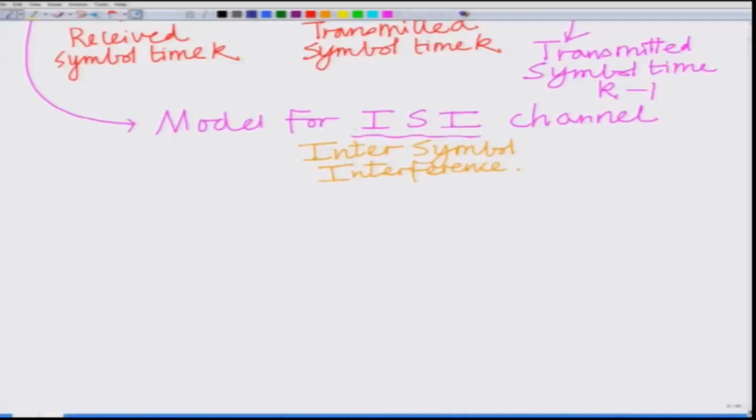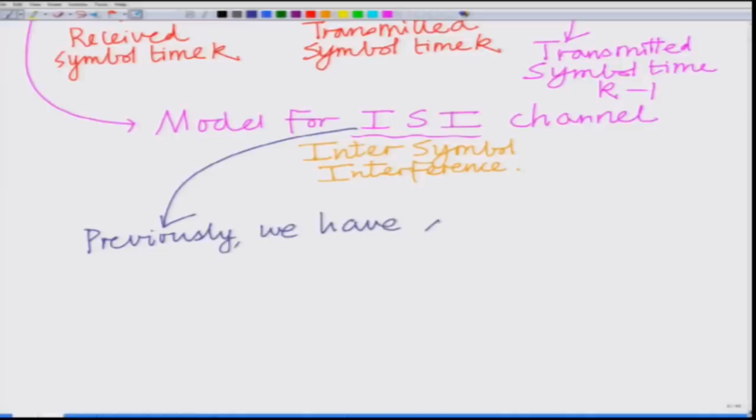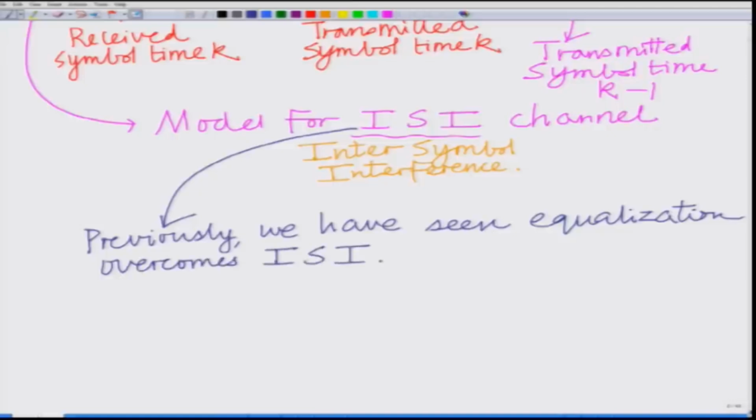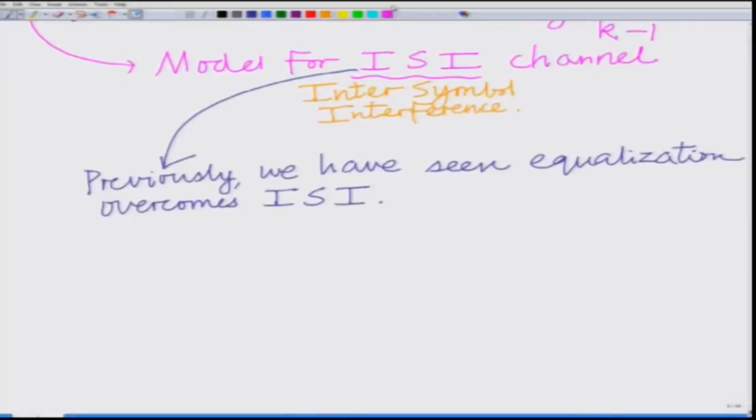Previously we have seen equalization overcomes ISI, and OFDM is another technology to overcome ISI even more efficiently, meaning lower computational complexity, so that it is easier to implement.